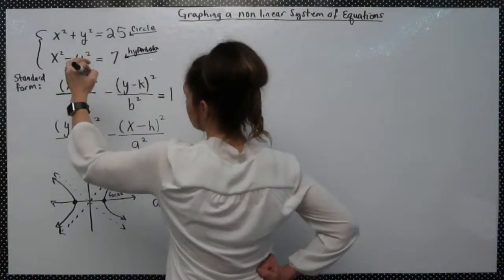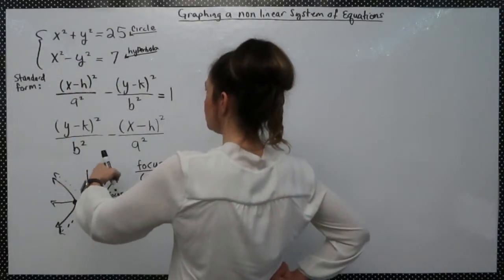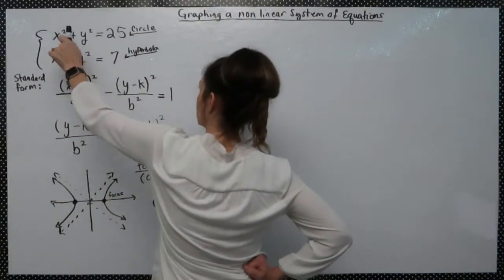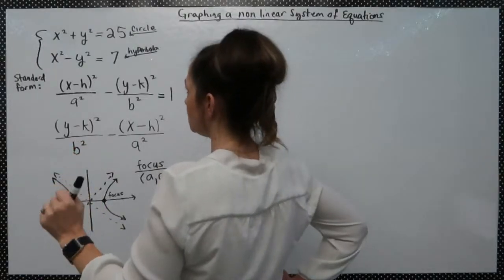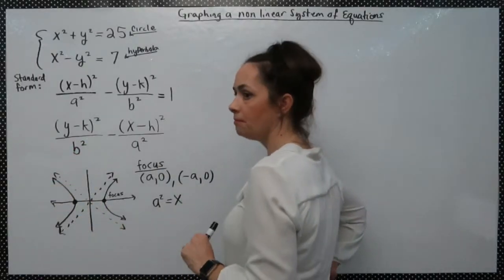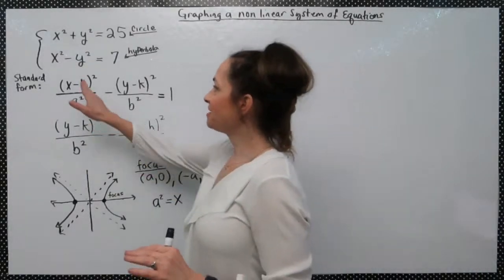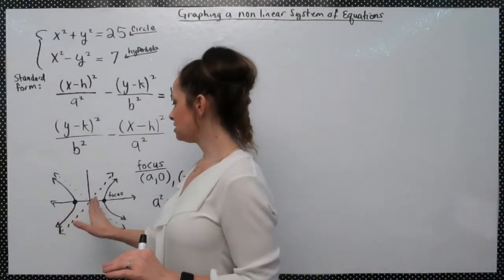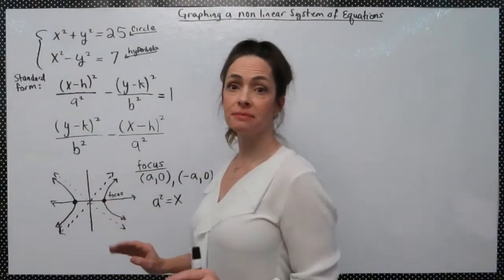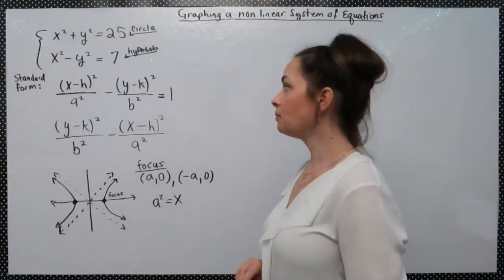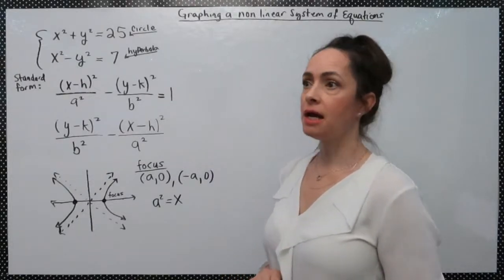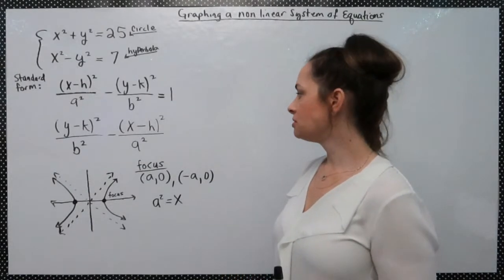The reason why I know that is because of this plus right here. This negative right here is making this equation do funny things. But I think that we'll be able to graph it. And yeah, we're just going to try to do it.